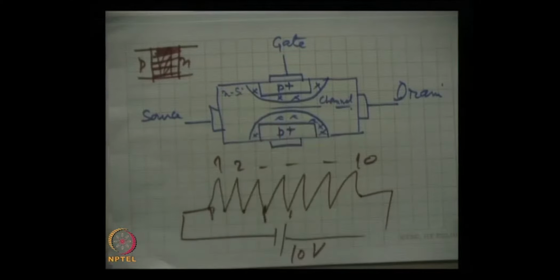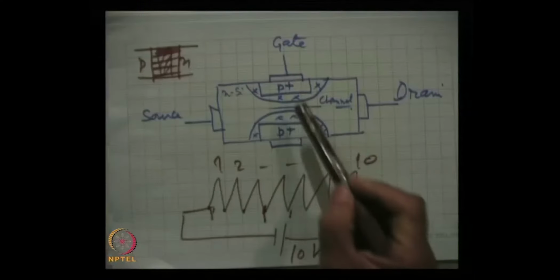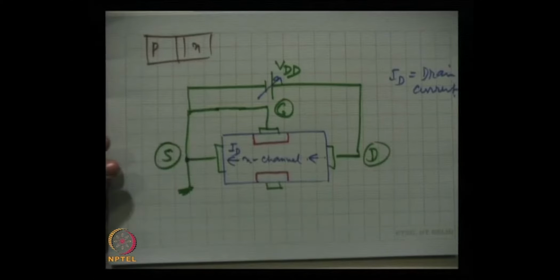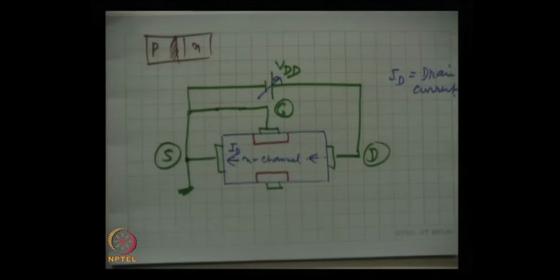Now, another important fact that I said, these two regions are heavily doped P regions. I am sure you will recall it was said that if one region out of these two, P and N regions, this is P region, this is N region, if P region is heavily doped, then the broadening will occur and the broadening will be spread much more in the less doped region.